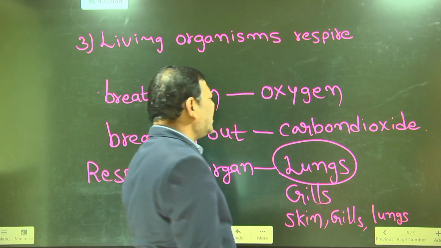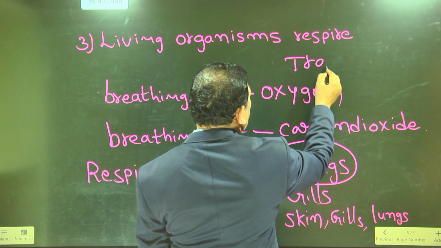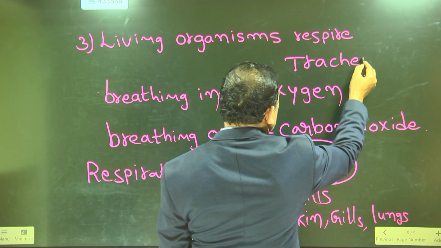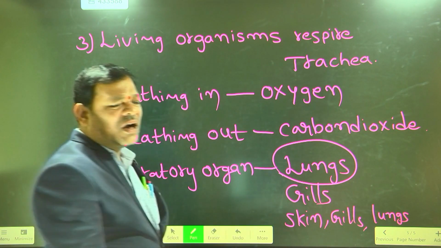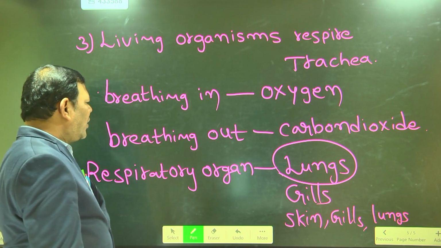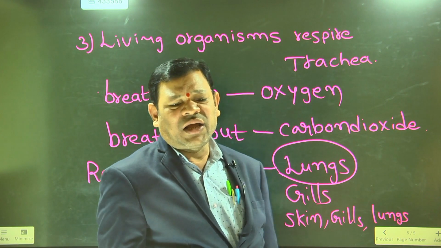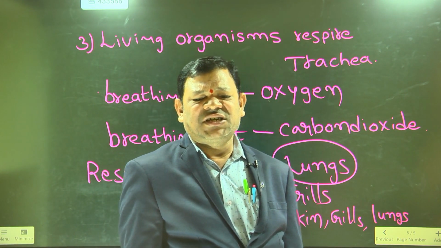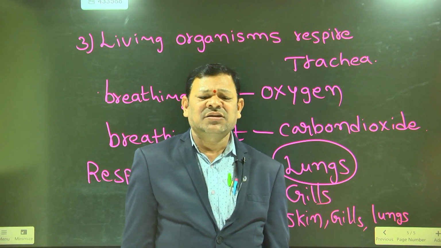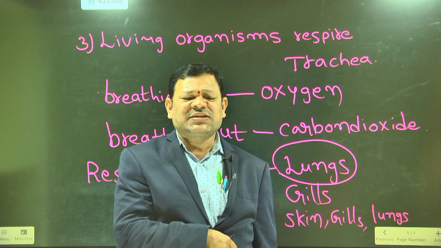What is the respiratory organ in the insect? The respiratory organ of the insect is the trachea. What are we breathing in? We are breathing in oxygen. What do we breathe out? Carbon dioxide. So why is respiration an important life process? The food we eat is digested in the stomach.